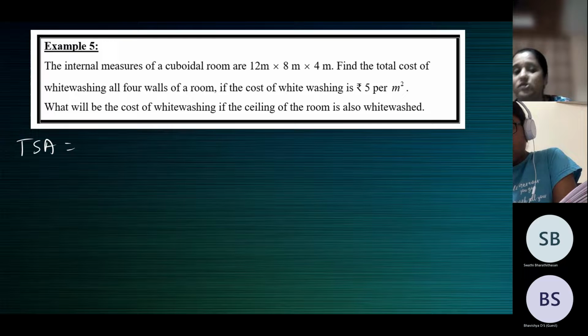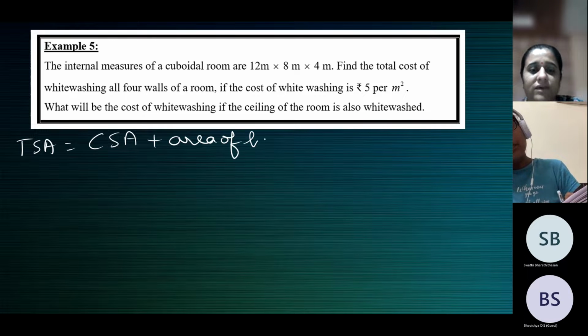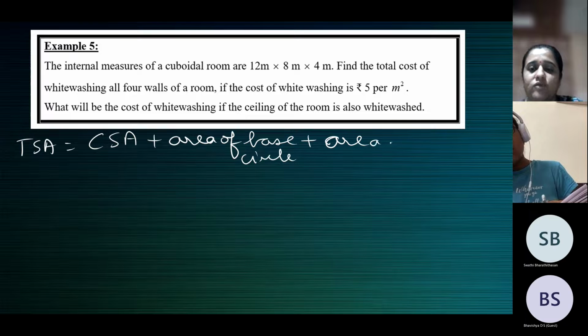So TSA is equal to curved surface area plus area of base circle plus area of top circle.